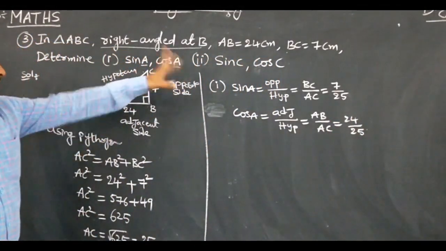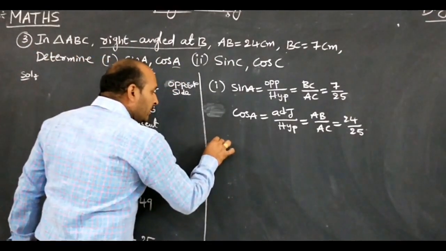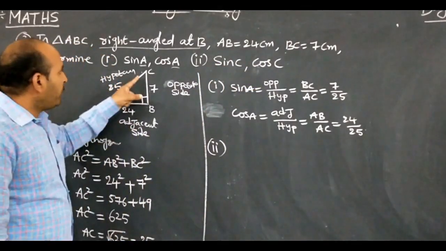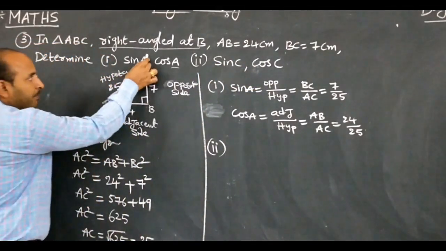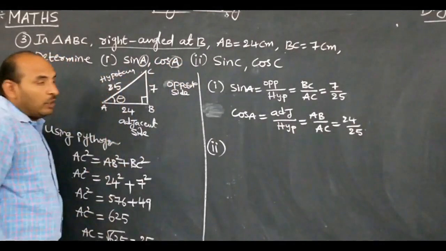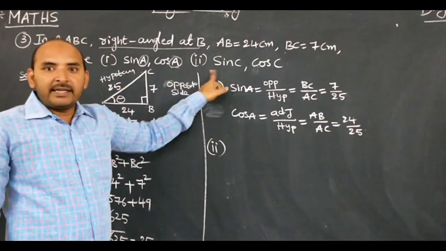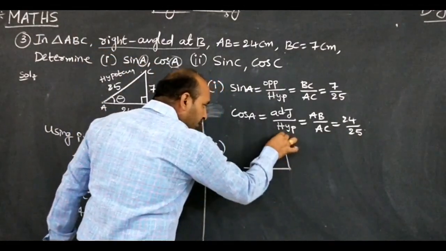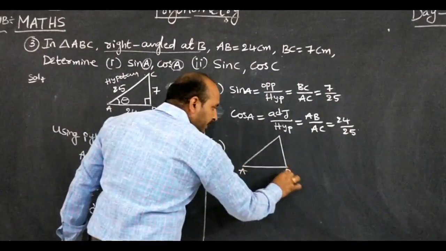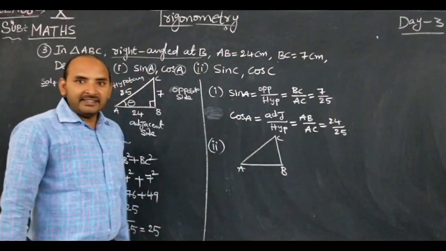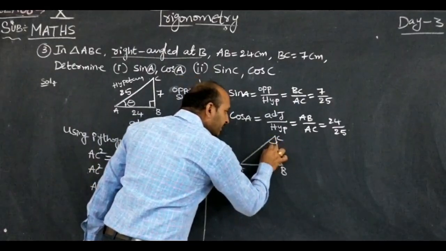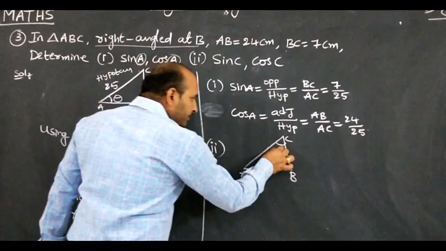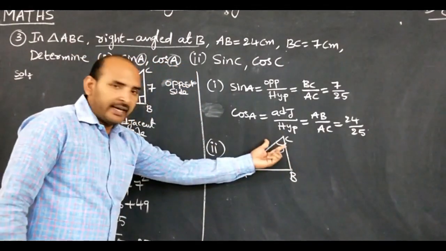Now coming to the second bit. The second bit is sin C, cos C. In the first bit, the angle was present at A. Coming to the second bit, the angle is at C. In this right angle triangle, this is A, this is B, this is C. The angle is at C, let us consider it theta.